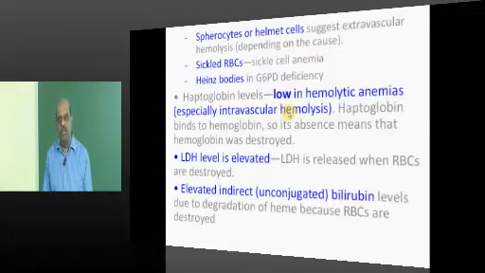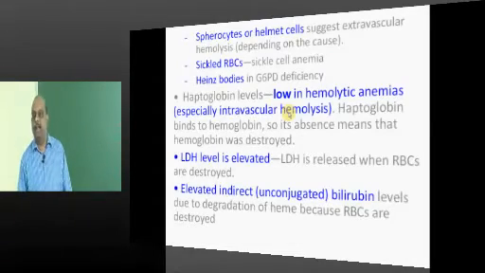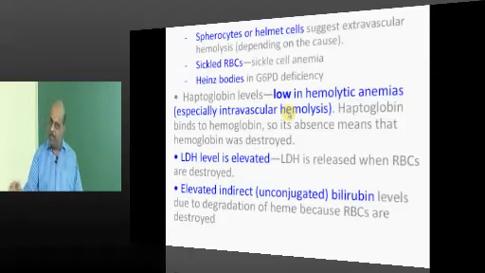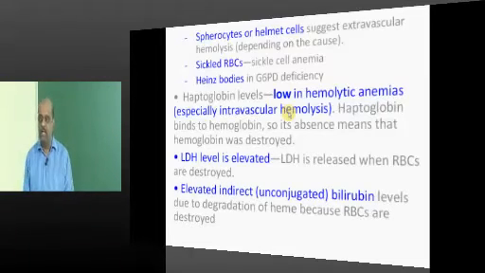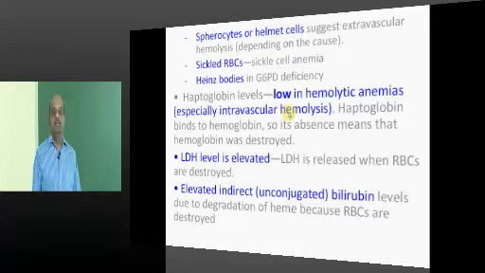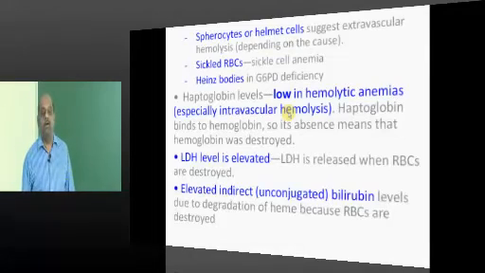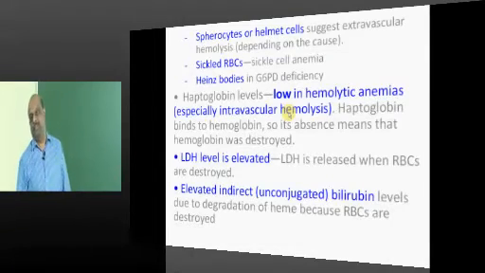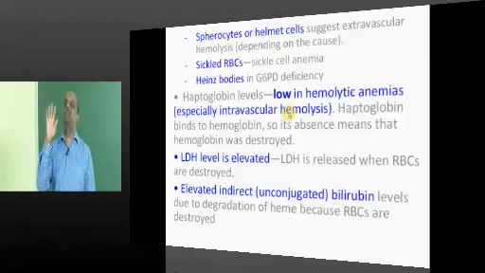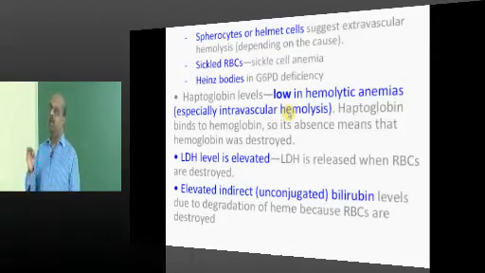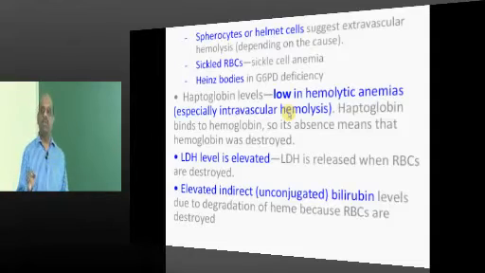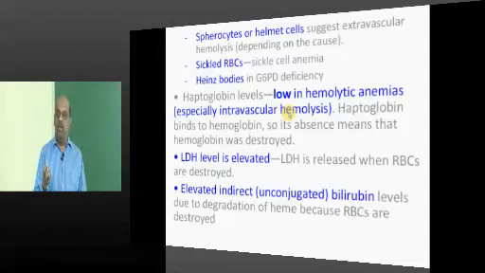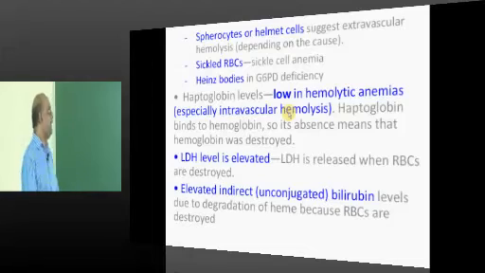If there is no glutathione, there is nobody to prevent the free oxygen radical injury of the hemoglobin, and hemoglobin becomes attacked by the free oxygen radicals, and that leads to denatured hemoglobin, which precipitates in the form of Heinz bodies within the RBCs. Favorite question of the examiner. Where do you find Heinz bodies? Heinz bodies are denatured hemoglobin concentrated within the RBC, characteristic of G6PD deficiency, is what you are going to ultimately remember.